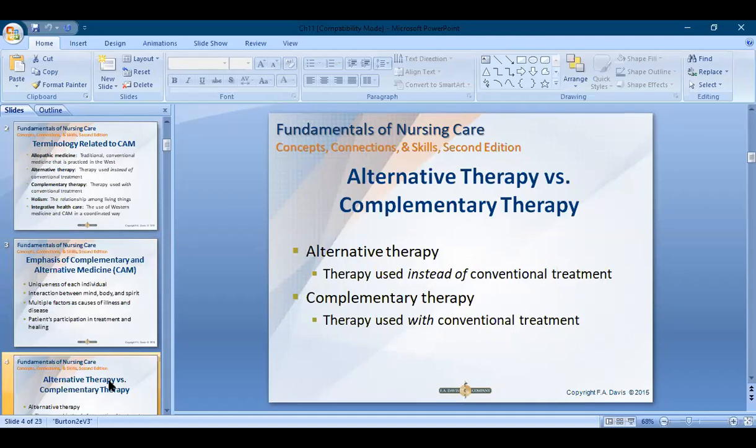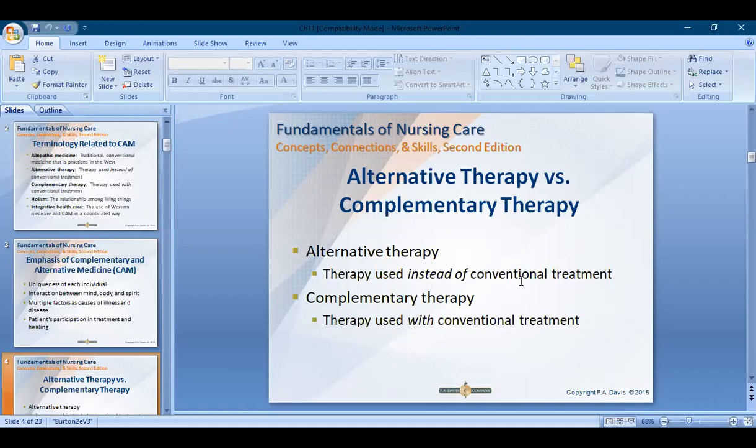So here, alternative therapy with complementary therapy. What is the difference? Compare and contrast alternative therapy and complementary therapy. Alternative therapy is used instead of conventional therapy, and complementary therapy is used with conventional therapy. So again, what is conventional therapy?